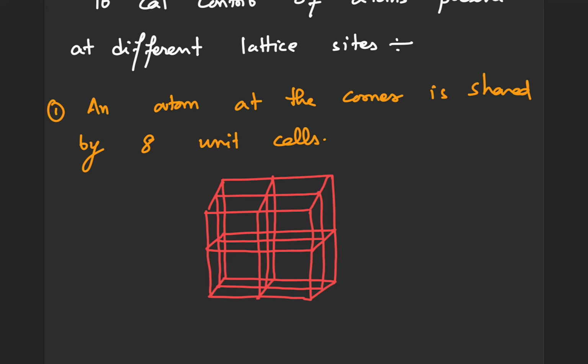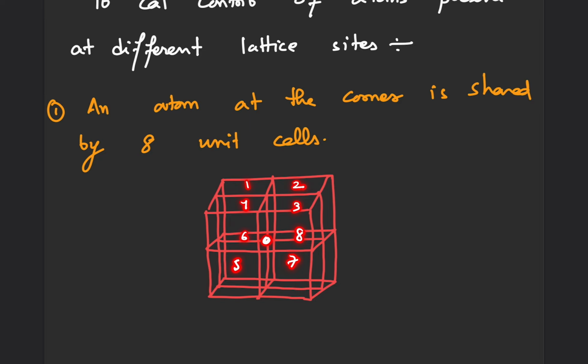Yeah, so let's say this is an atom which is present at the corner. So can you see this guy is shared by this unit cell, this unit cell, this unit cell, this unit cell, this one, this one, this one, and this one. So there are total 8. 1 2 3 4 5 6 7 8. So 8 of the unit cells are sharing the corner atom, right?